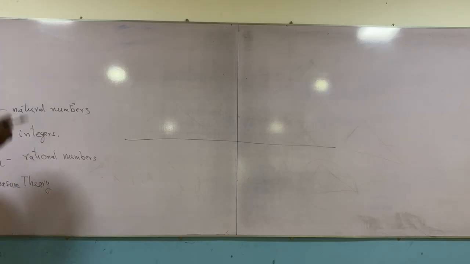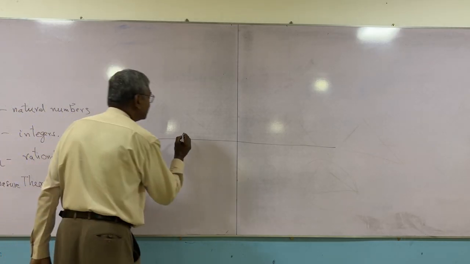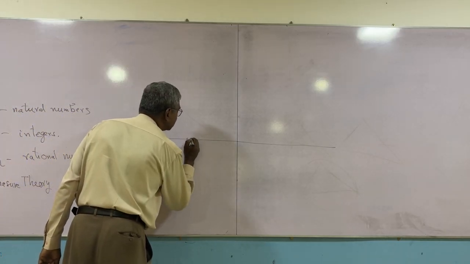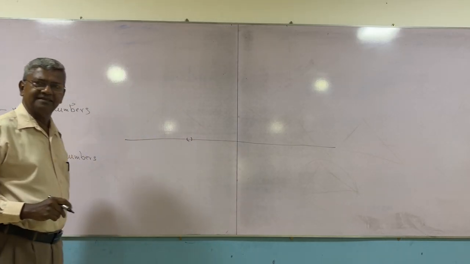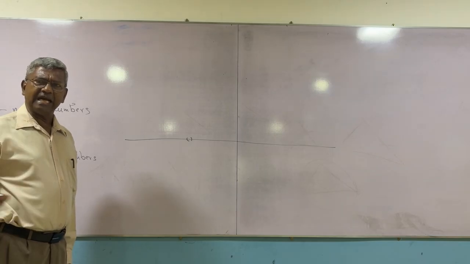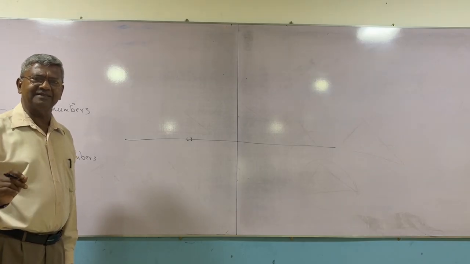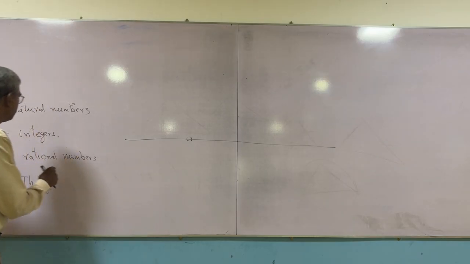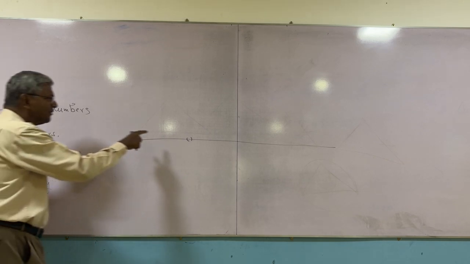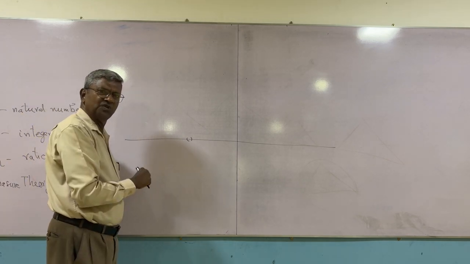We are going to prove that if you take a very small length like this, regardless of how small this interval is, you can put all the rational numbers here, all of them.